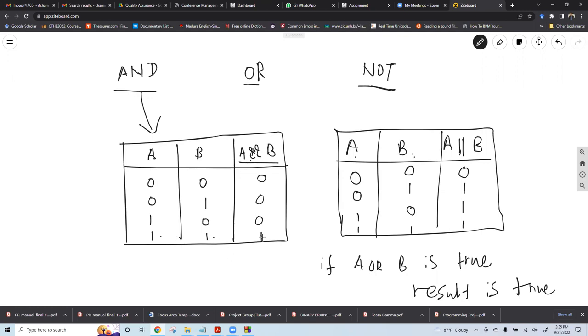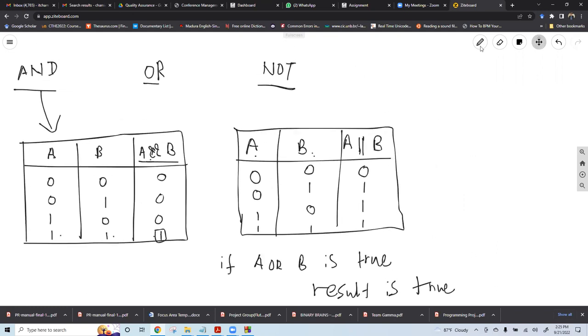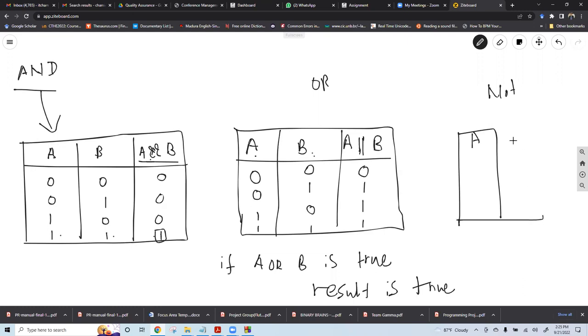Both of the friends are true, or, if either of the friends is true, then that is also true. Right? Not is easier than that. Not is unary.